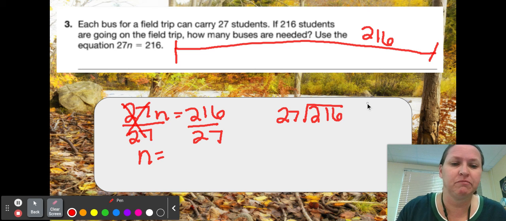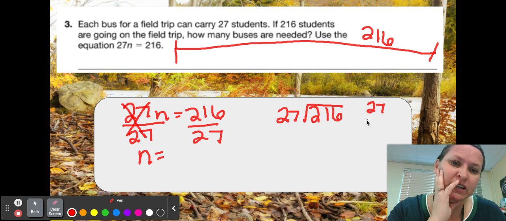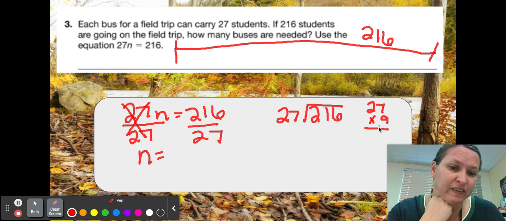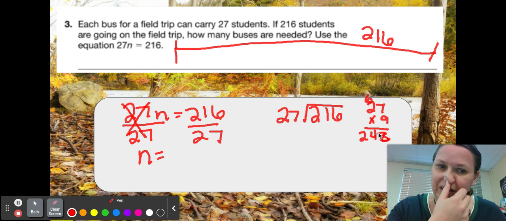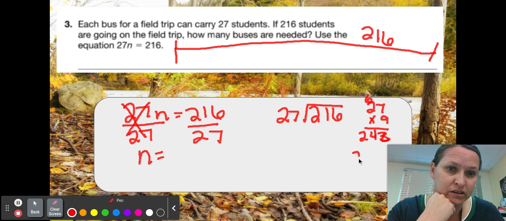So I'm going to do 27 times, maybe 9 times. 9 times 27, 9 times 7 is 63. 9 times 2 is 18, plus 6 is 24. 243 is too much, so let me try 8.